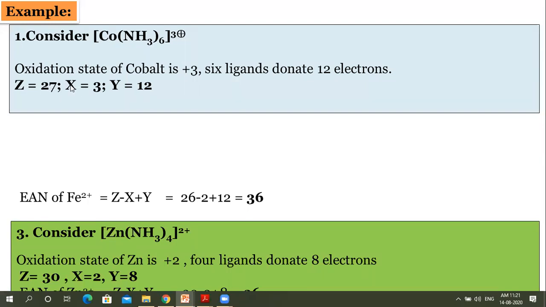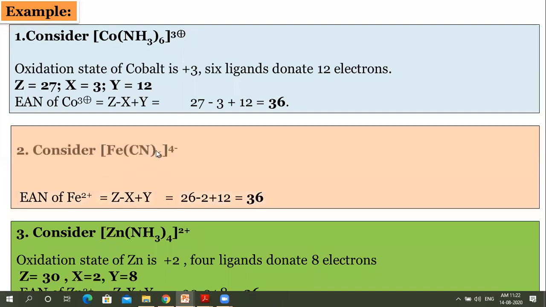X is 3, because 3 electrons are lost for the formation of cobalt 3+, and Y is equal to 12. This 12 indicates the 12 electrons, since 6 ligands donate 12 electrons. So according to this formula, Z minus X plus Y, 27 minus 3 plus 12 is equal to 36. So the EAN rule is obeyed by this complex.